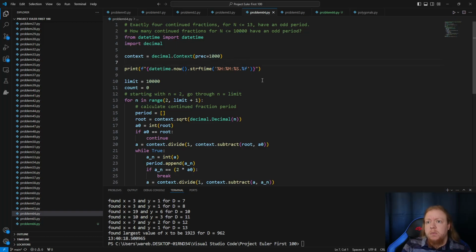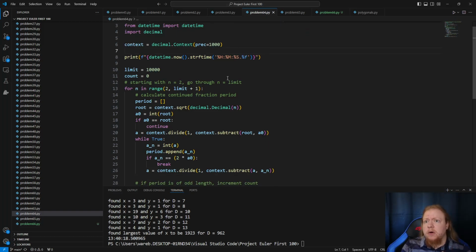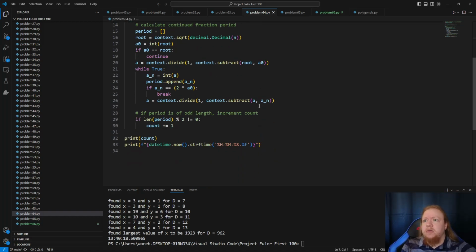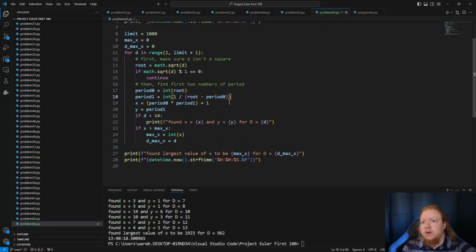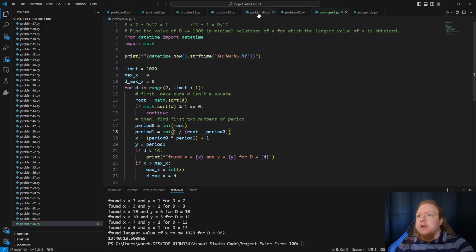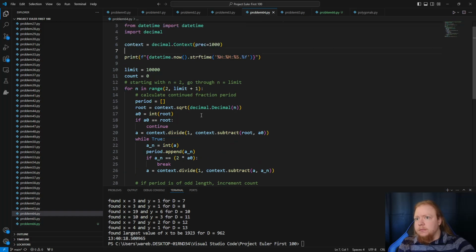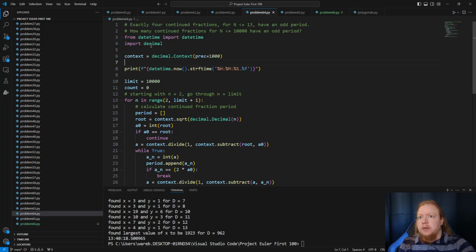So if we go back to this problem 64, and we use it to find the periods for these various d's, then we can use it to find the minimum value for x and y. So let's go ahead and import decimal and have this precision here.